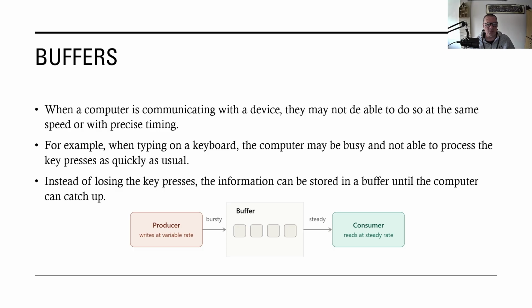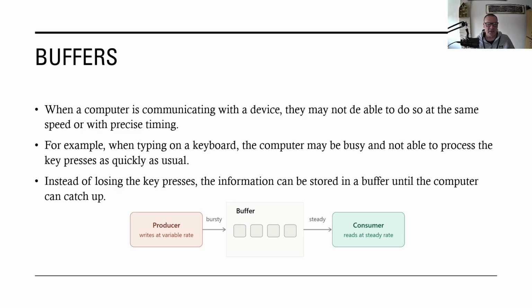So what we can do is put a buffer between the two. We have the producer producing data at a variable rate. It may be very bursty. That means that sometimes it's going to be generating data very quickly, and sometimes slowly or not at all. And then we have a consumer at the other side that's actually taking that data, and that may be taking it at a steady rate, processing it as it can.